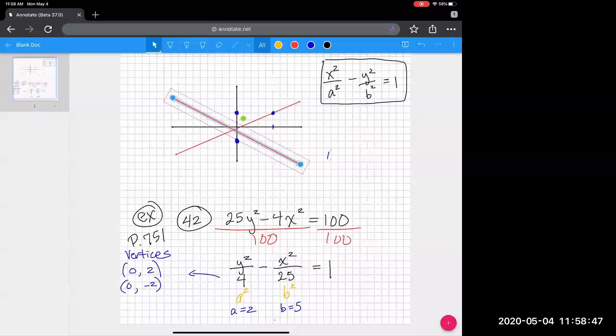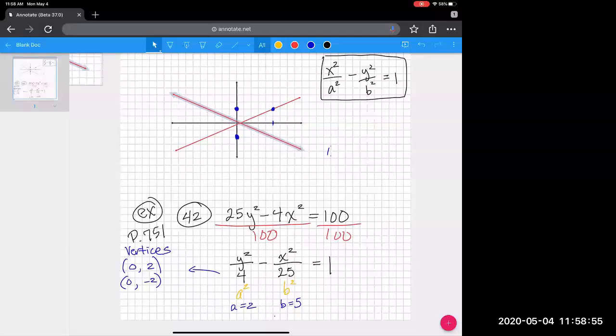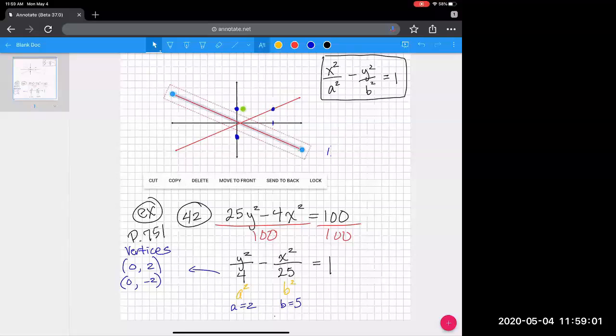That missed. Whoops. There we go. 1, 2, 3, 4, 5, 2 is there. And 1, 2, 3, 4, 5, 2 there.